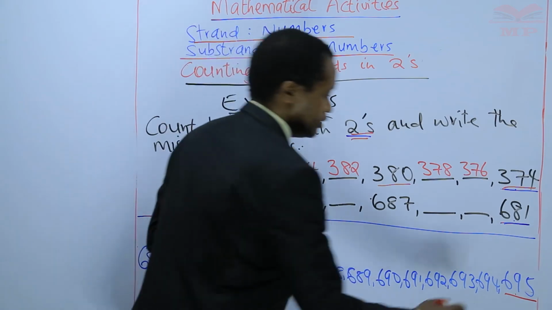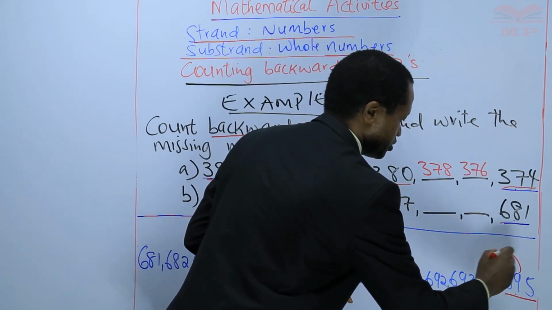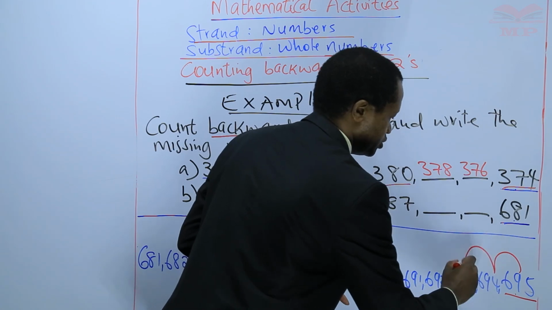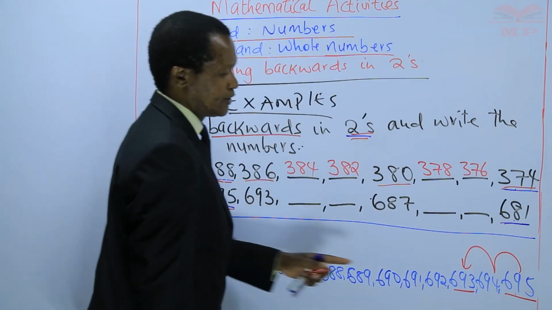In twos, we move 2 times from 695, 1, 2. The first number here is 693.